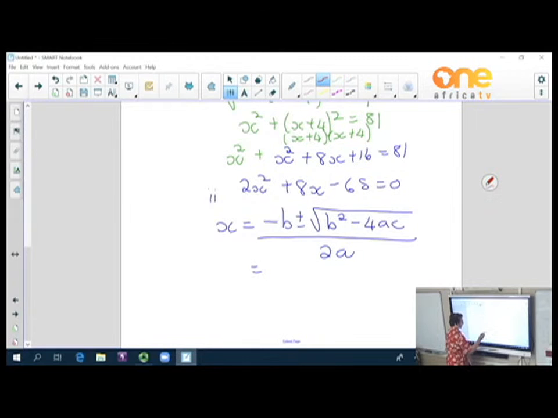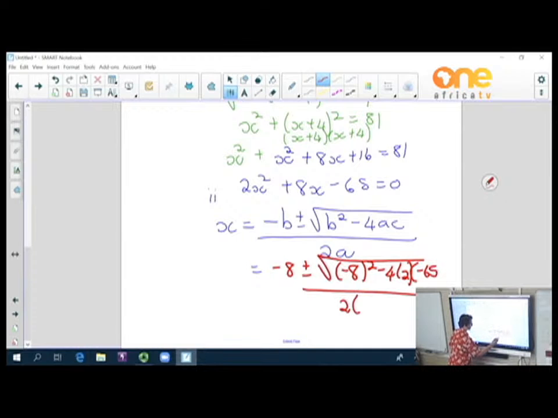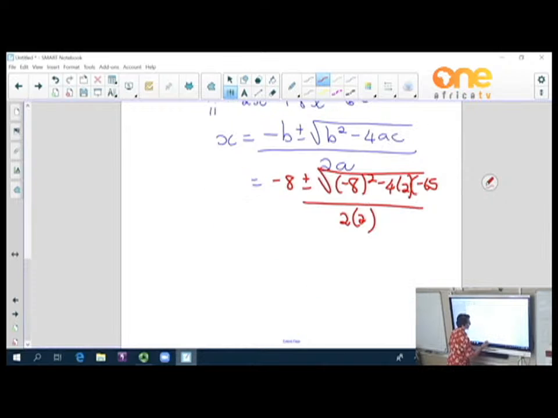So if I substitute now, it is negative 8 plus or minus the square root of negative 8 squared minus 4 times 2 times negative 65, over 2 times 2. So we do this with a formula. The next step is then negative 8 plus or minus, and we have to find the value there in the root.